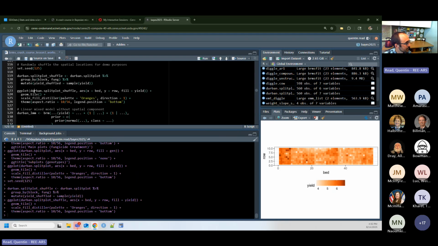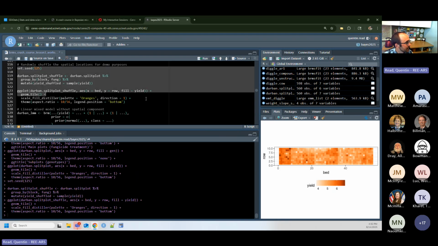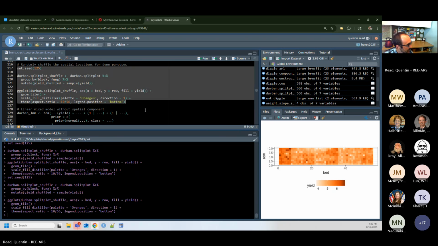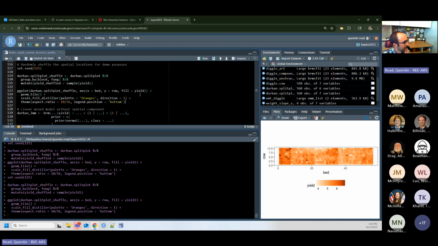Let me just make sure that I did that correctly. Oh, yield underscore shuffled. I didn't change that name. So that was the unshuffled yields. Thank you, Caitlin. There we go.